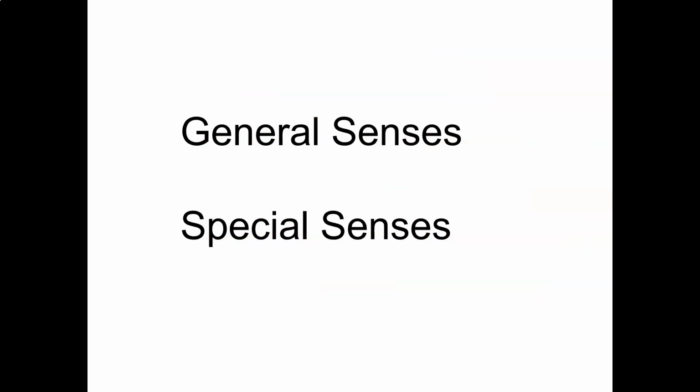Okay, now I wanted to cover two more things here. What we just talked about, those sensory receptors are what we call general senses, in that they're pretty widely distributed in the body. Not that they're everywhere, but they're widely distributed, like touch receptors. They're widely distributed throughout your skin, for instance. So we call those general senses. And then there are some what are called special senses, and they are some of our most important ones.